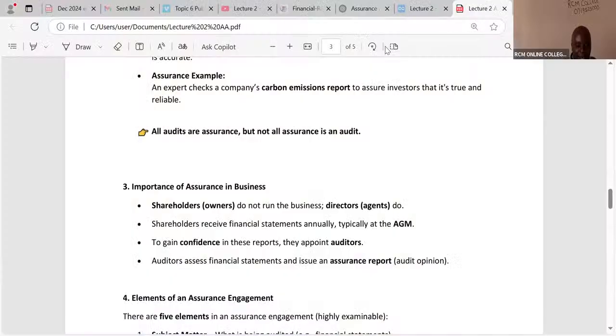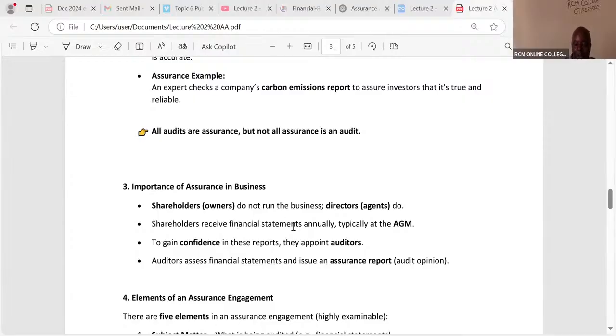Great, great. And then here, we are given the importance of assurance. Why would you want these assurances to be done? And remember, audit is part of this assurance. So shareholders, owners do not run the business. Who does? It is the directors. So directors are agents.